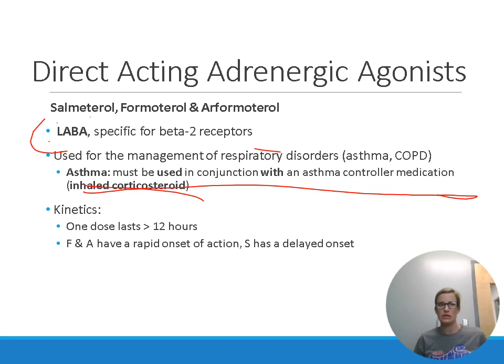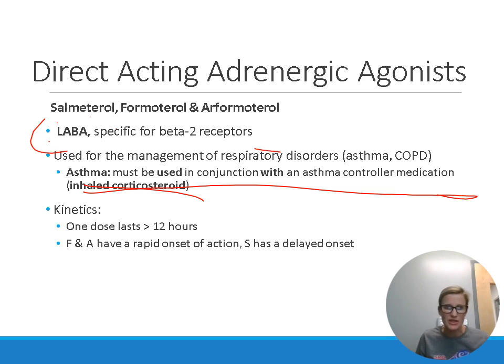Just this past year, some evidence came out saying that there's actually nothing bad that happens. There's no bad outcome that comes from giving patients a LABA without an inhaled corticosteroid. But even though they debunked that claim, they said still practice the same way. So there's no fear about it, but still you should give patients an inhaled corticosteroid and then add the LABA if needed.